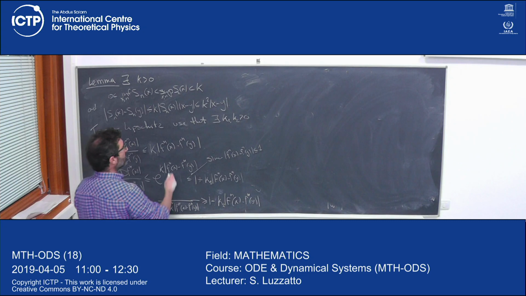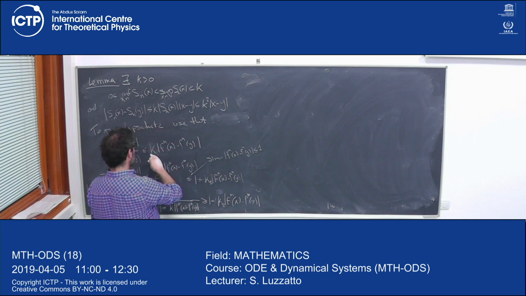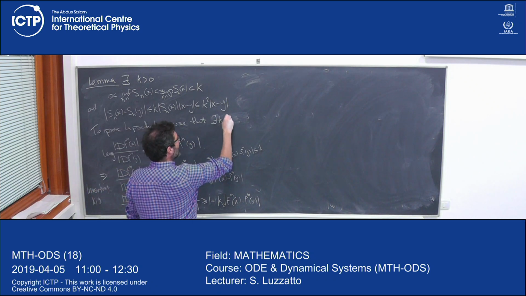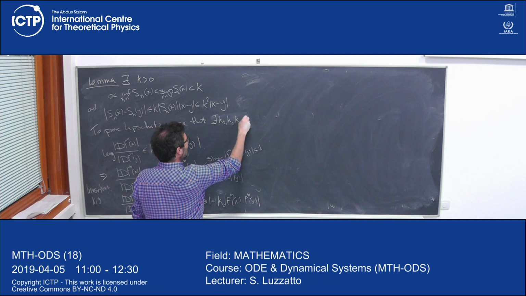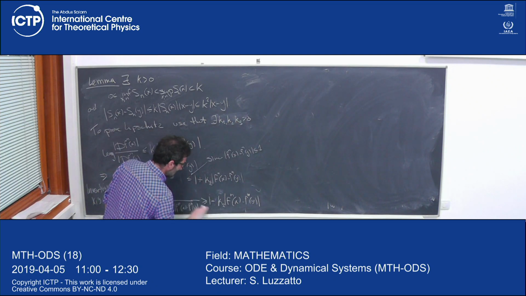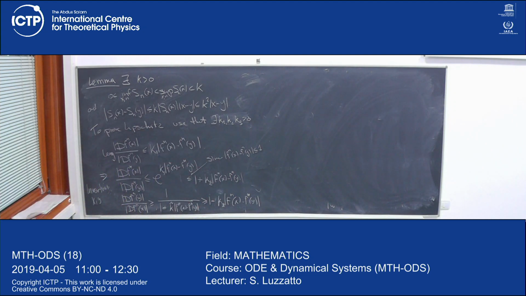So there exists k1, k2, k3. Yes, these are all just constants that do not depend on x and n. That's the key point.